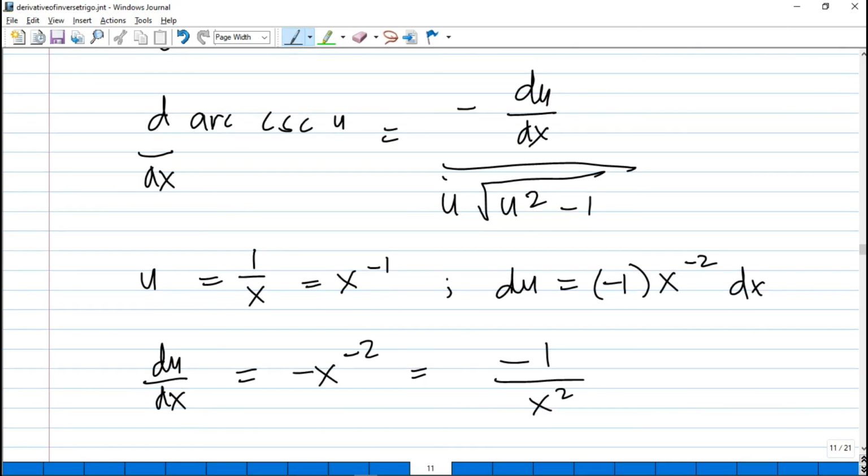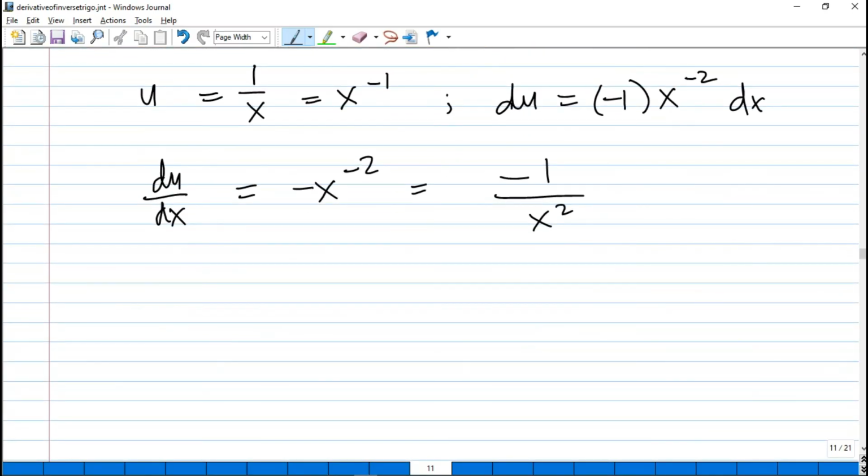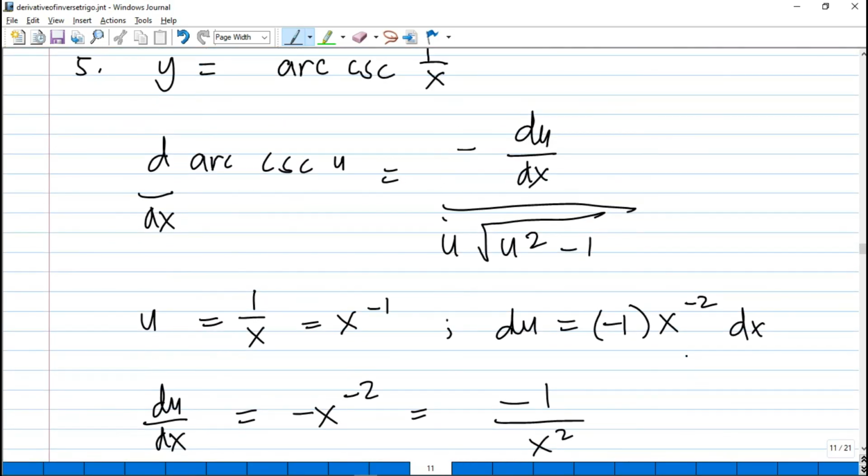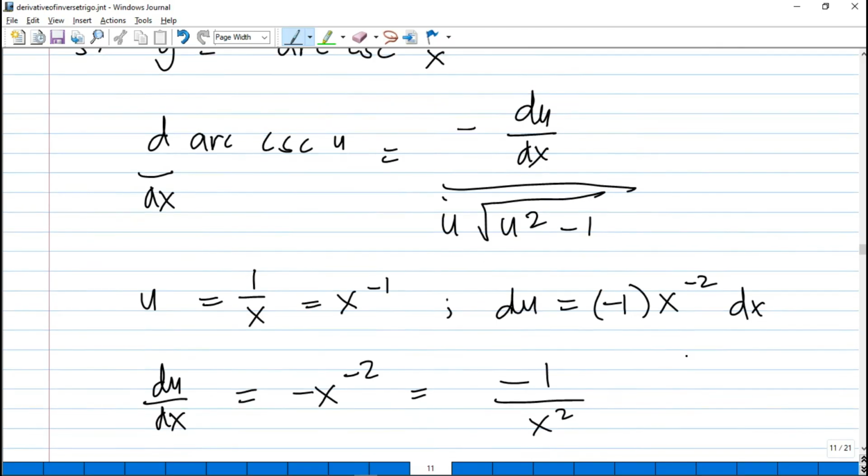Then we just plug in this to our formula. So derivative of arc cosecant 1 over x with respect to x is just equal to negative du over dx, that is negative 1 all over x squared. Then ang u natin is 1 over x here, times the square root of, from this given here, u squared minus 1.